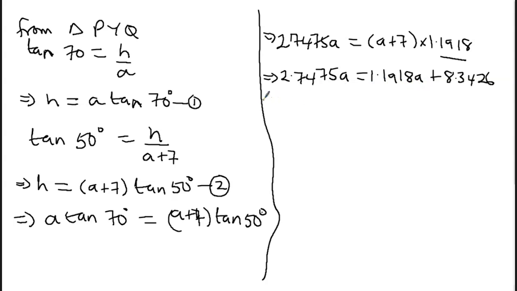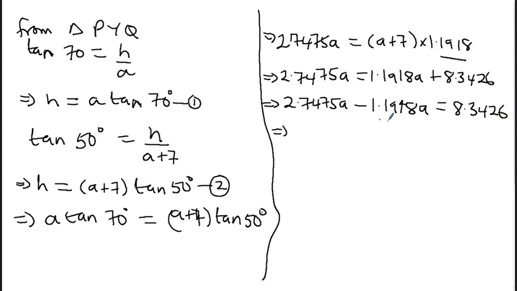We put the like terms together. 2.7475a minus 1.1918a equals 8.3426. When you subtract, you get 1.5557a equals 8.3426. So we want to find a.